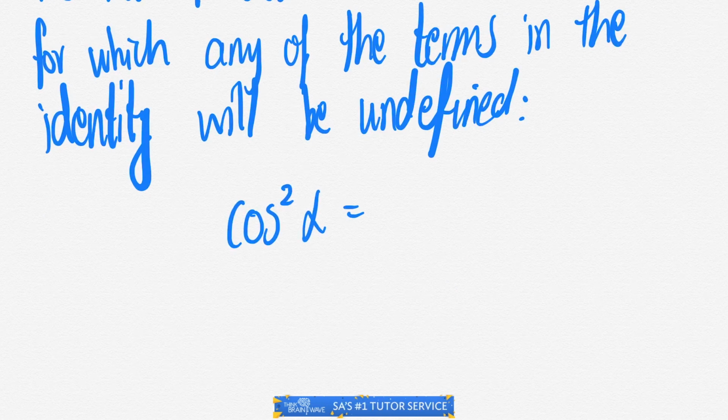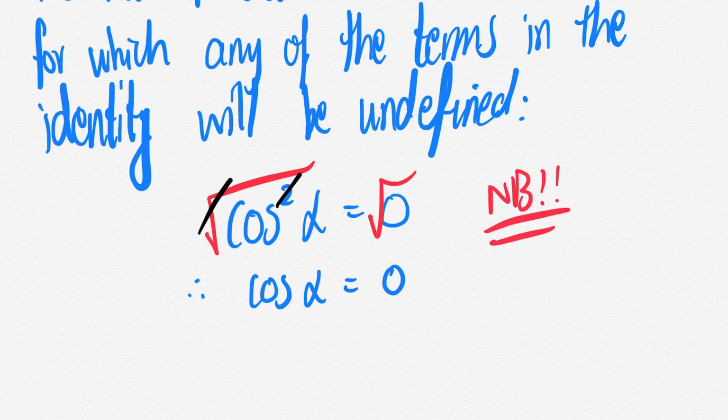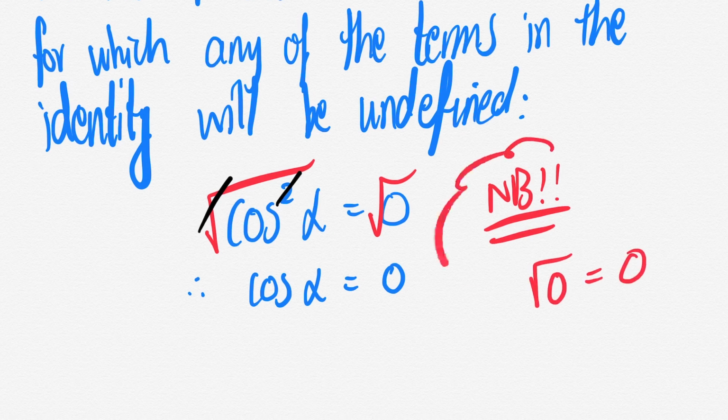Let's see, cos squared alpha is equal to 0. Therefore, cos alpha is also equal to 0. As you take the square root of cos squared and you take the square root of 0, the answer remains 0. So just make notes, the square root of 0 is always going to be equal to 0.